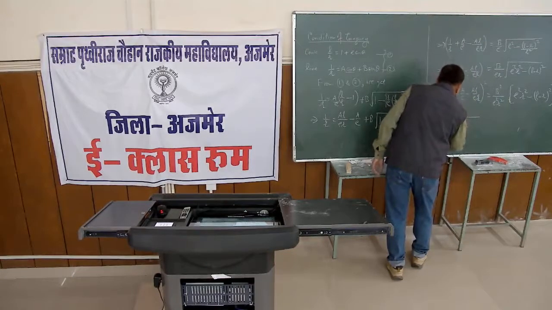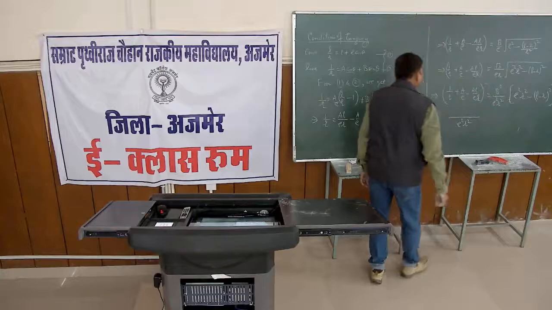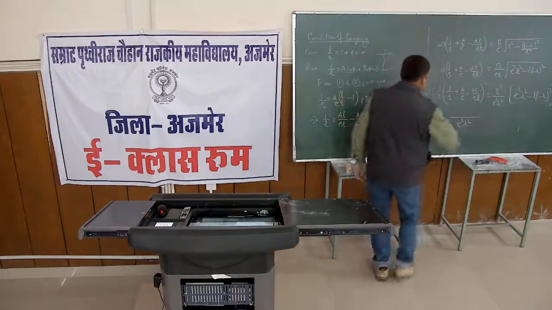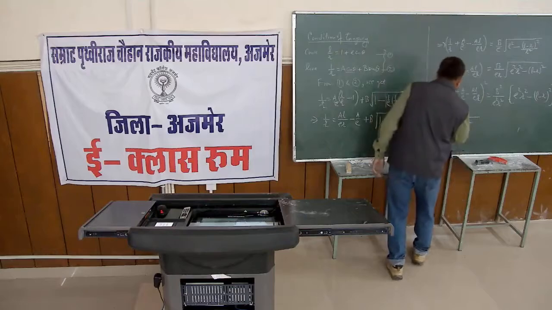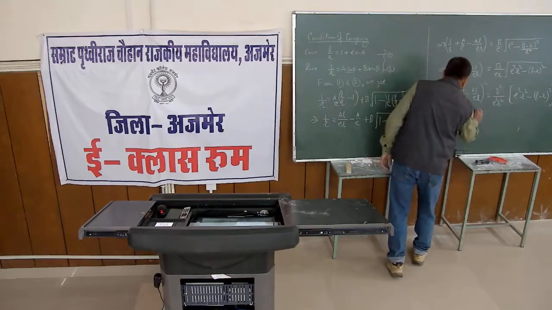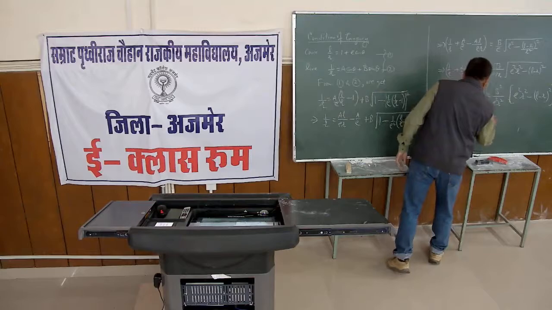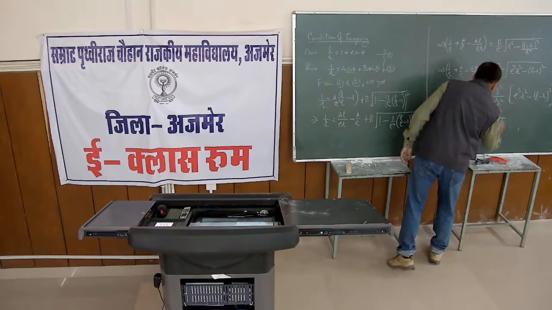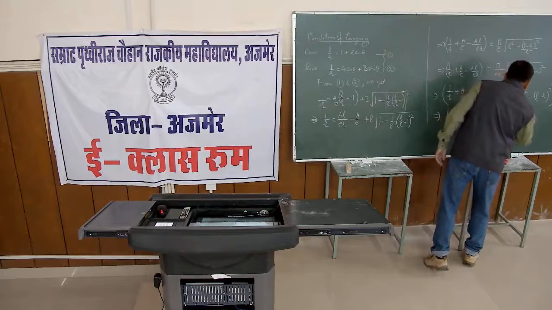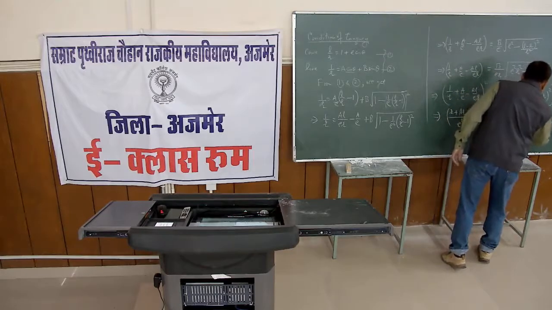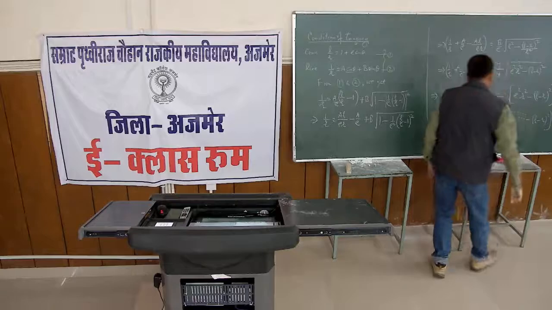E r LCM, so it is e square r square d square. It is r plus ar minus al. What is this?